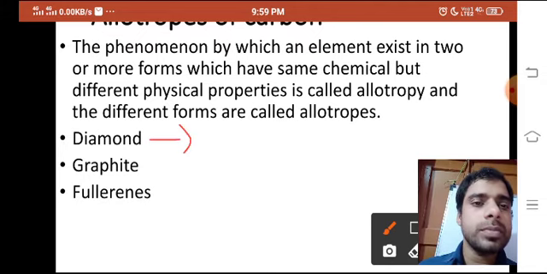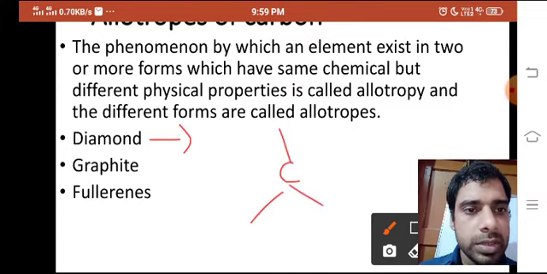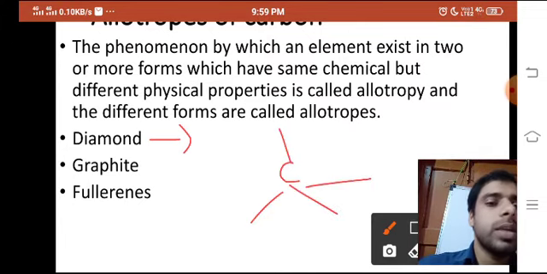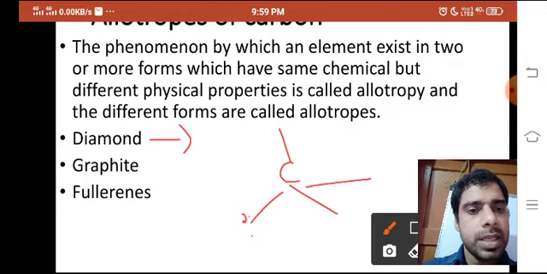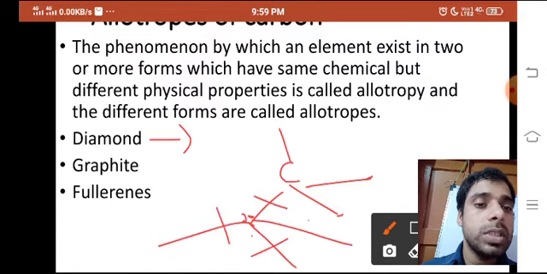In diamond, one carbon is linked with four more carbons, and each of those carbons attaches with four more carbons. One, two, three, four.